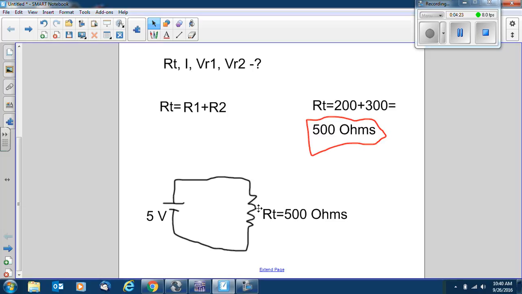Well, when we have something like this, we can actually use the KVL. We know that these 5 volts have to be used up in this circuit. And we also know that there is only one place where we can use them, and that place is right here. So voltage drop of R total has to be 5, otherwise it's not going to work.